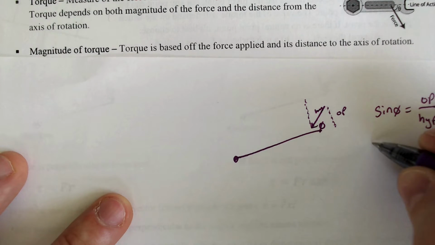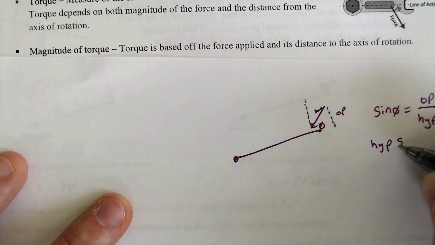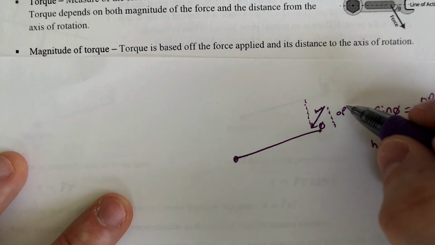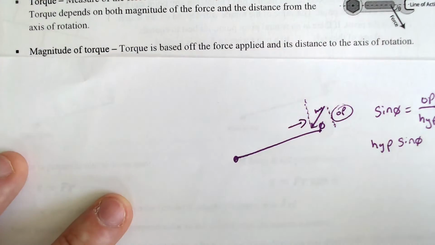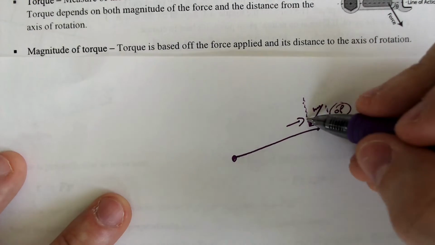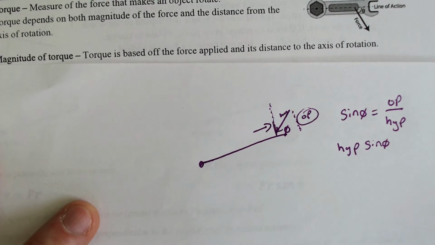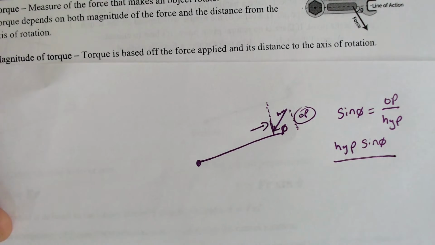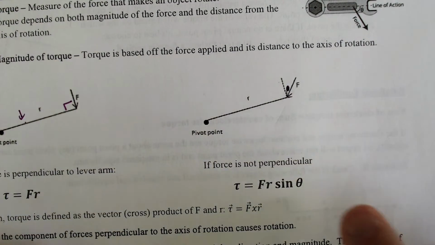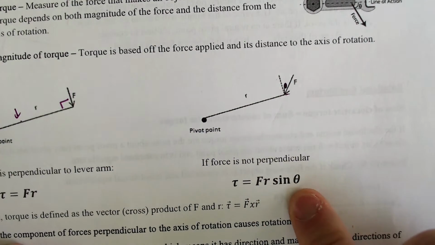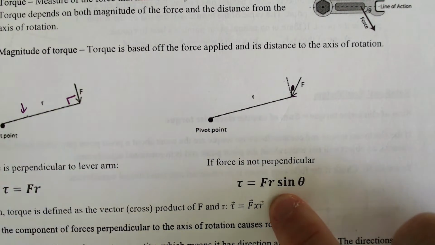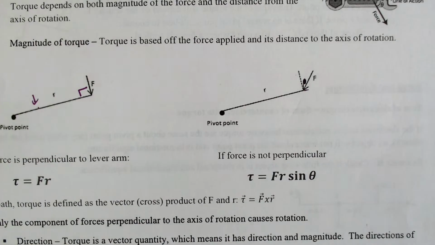If you multiply by the hypotenuse, you end up with hypotenuse times the sine of the angle, and that would give you your opposite side, which is perpendicular to the actual lever bar and will be the part that we need, because we only want the force perpendicular to it. So that is why we have hypotenuse times sine theta, which is the force times sine of theta, and then the radius is thrown in the middle. Okay? So that's all that means.